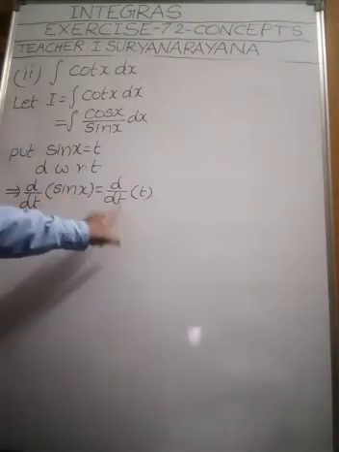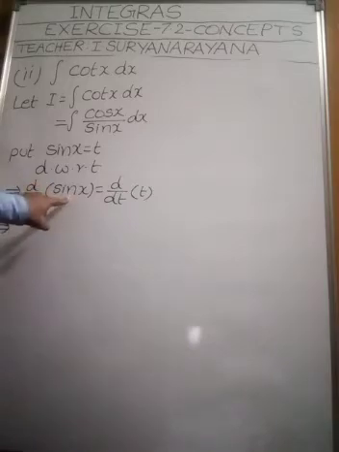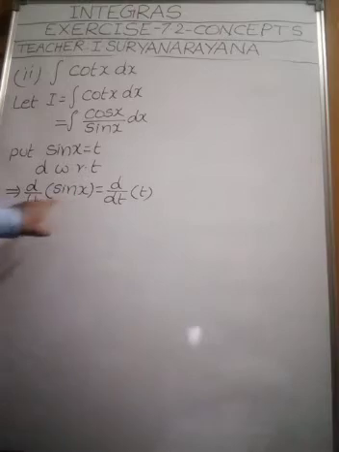Understood this step, my children? Right. This implies, now come to LHS, d by dt of sin x. It is not in the form of standard differentiation, because here the variable is x, here the variable is t. Different variables. So we must use the chain rule.